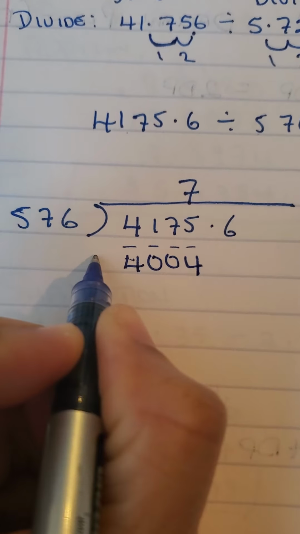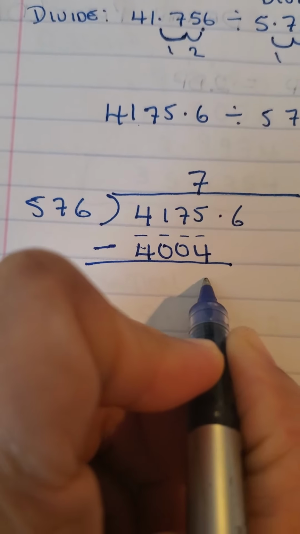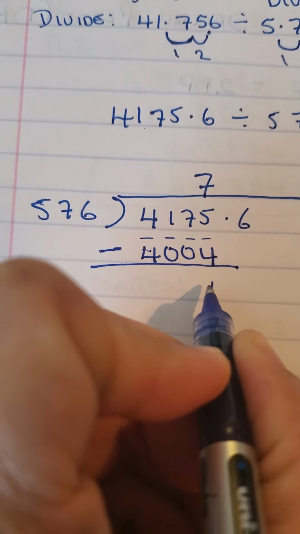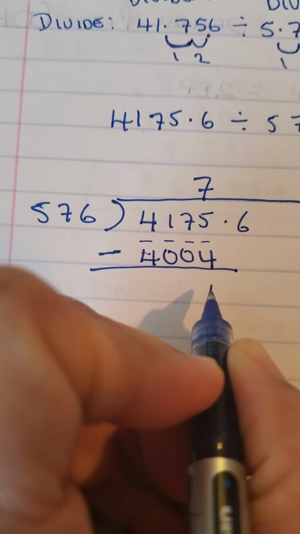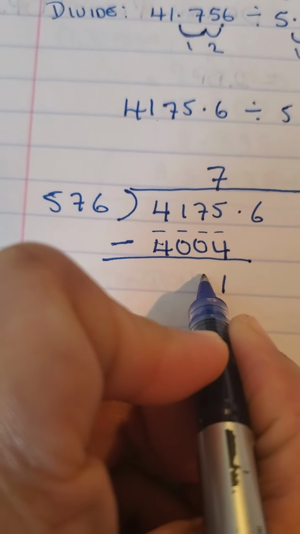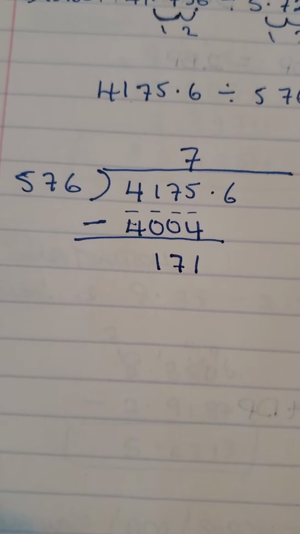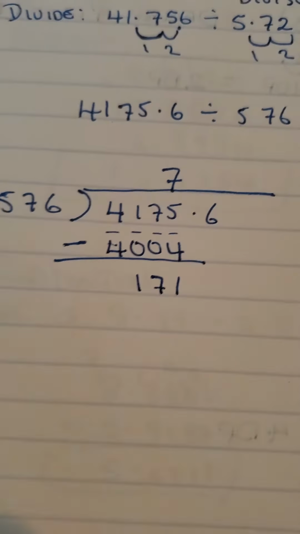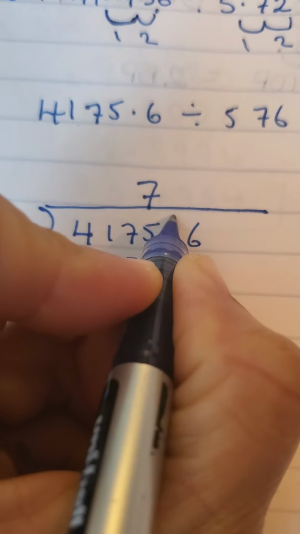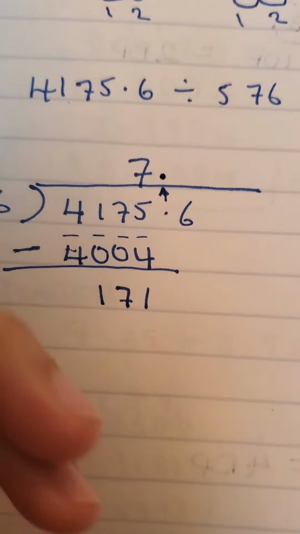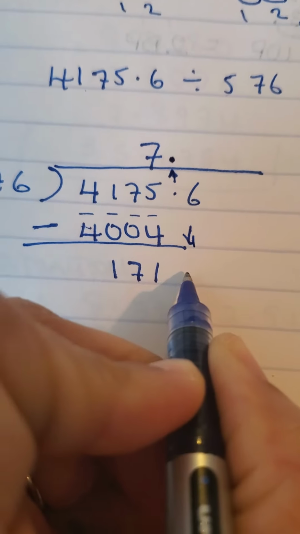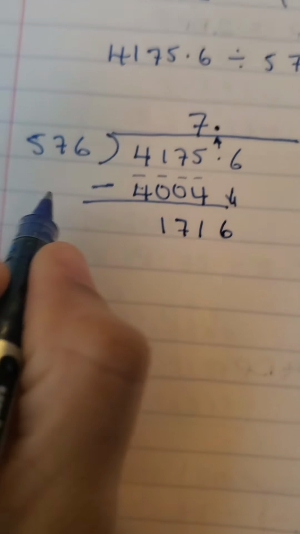And we know that our next step is to subtract, right? Which is 171. And then we put up our decimal point, right? And then we're going to bring down our next digit and repeat.